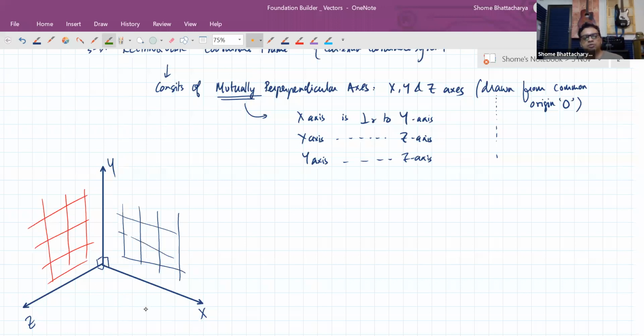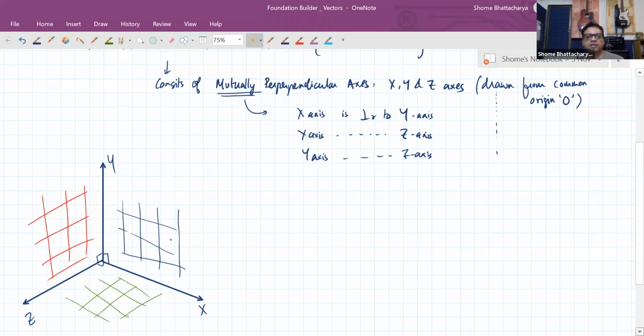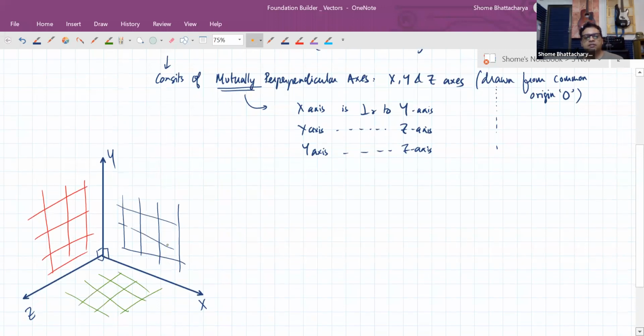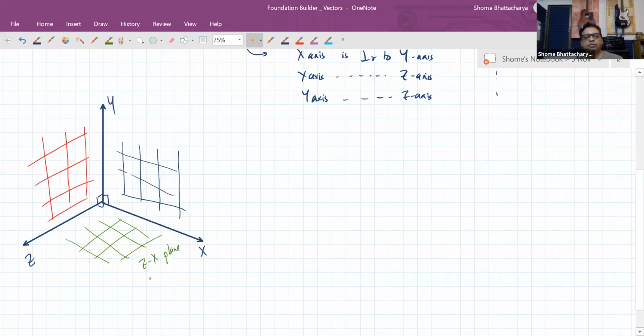So these are the three mutually perpendicular planes. So this is how to visualize the three-dimensional system. This is the ZX plane. Think of it like the floor on which you are sitting. Okay, and this one in front of you is the XY plane. So these are mutually perpendicular planes also.